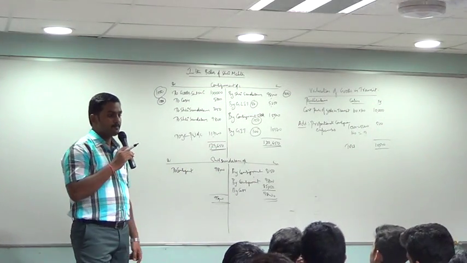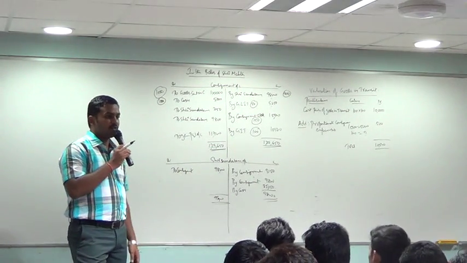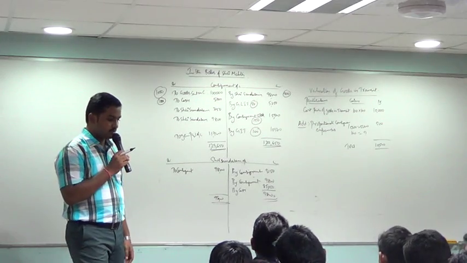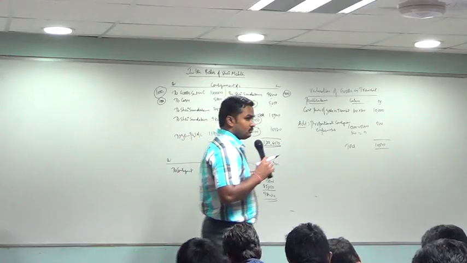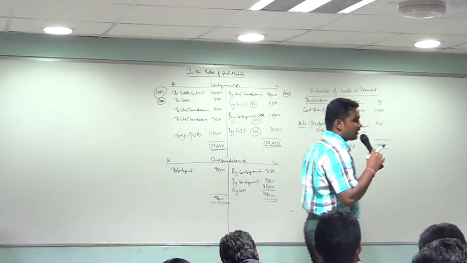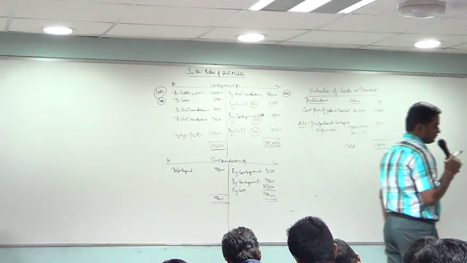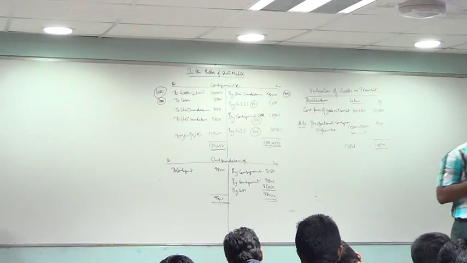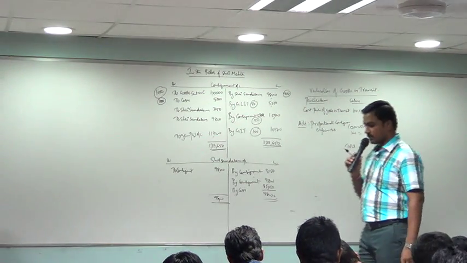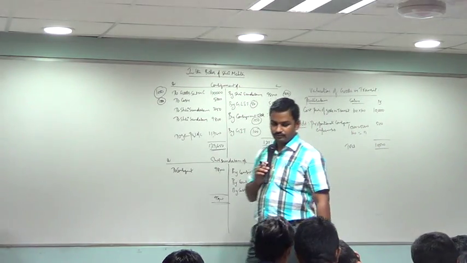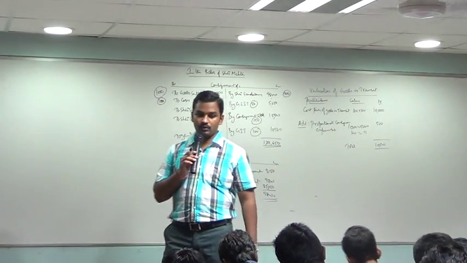Did you all complete? Now write down accounting in the books of consignee also. Let us learn the entries in the books of consignee. Accounting in the books of consignee. Underline.